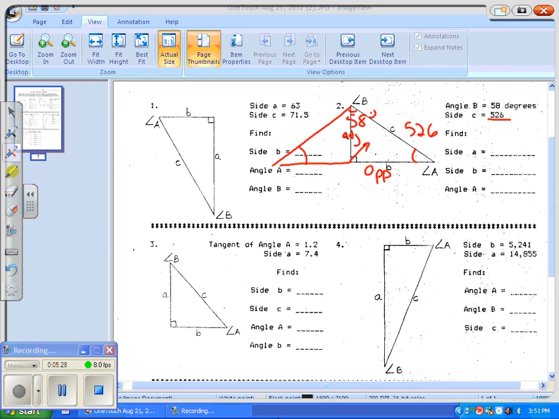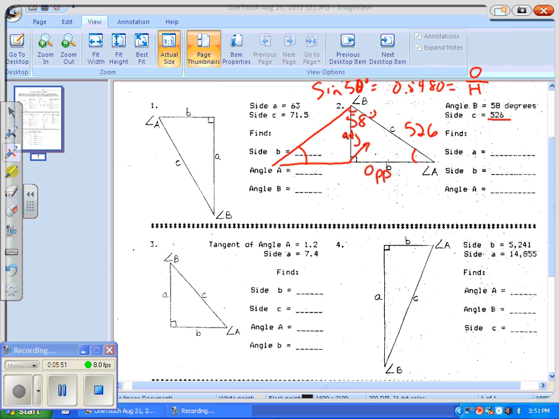Let's use the sine. The sine of 58 degrees is equal to 0.8480 and on. And that's equal to O over H, isn't it?